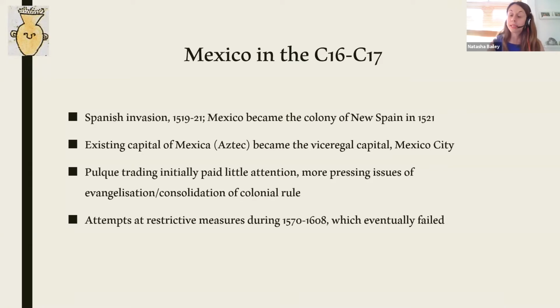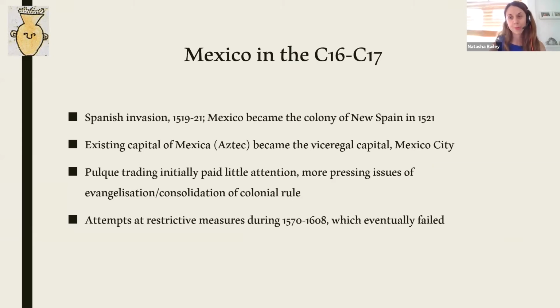The colonial government attempts to ban pulque completely in 1570, only to then re-legalize the drink in 1608. Throughout the period of the ban, there's evidence that maguey cultivation increased. There is a roaring trade in aguamiel, which is the sap before it's fermented.